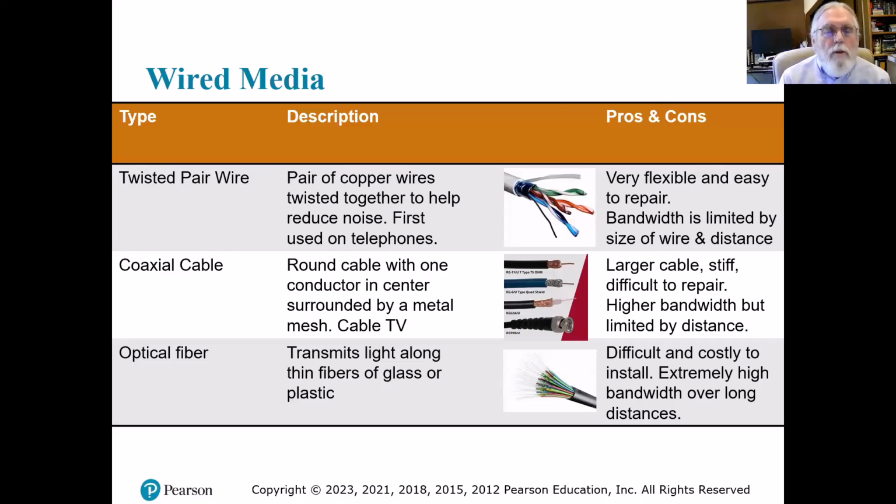And the interesting thing about this, you would think, oh gee, a strand of glass, that's got to be very fragile. Actually, not. They've got some very interesting manufacturing techniques, so it's a pretty robust cable, and it can be very flexible. It can be very small. So instead of being the size of my little finger, it can be the size of a pencil lead. And it allows it to be very flexible.